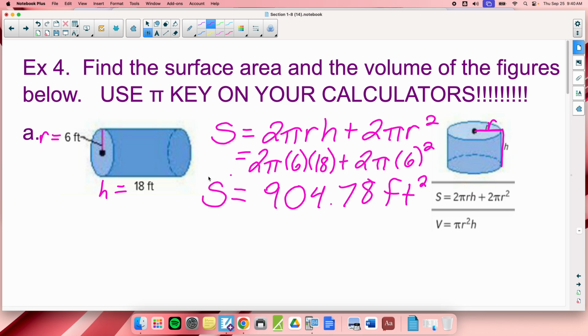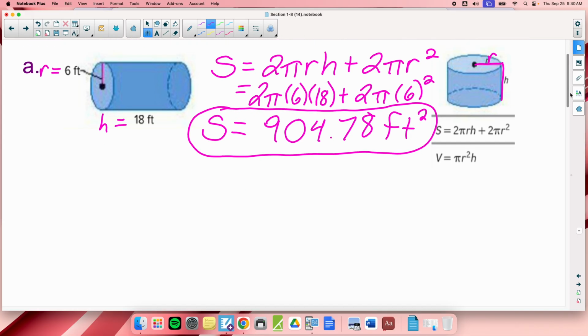So that is our surface area. Now, what I would like to see from you guys is at least this line, okay? If you don't put that, I mean, I would if I was doing it, but I at least wanna see this line and your answer. So now let's go ahead and find our volume, and the volume is easier, okay?